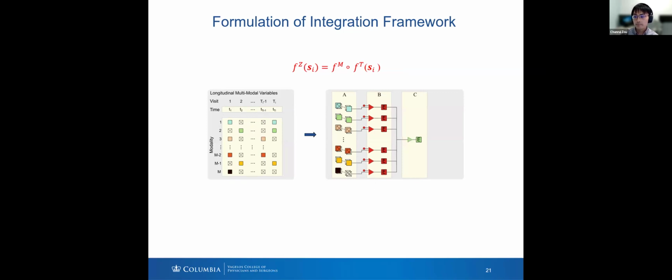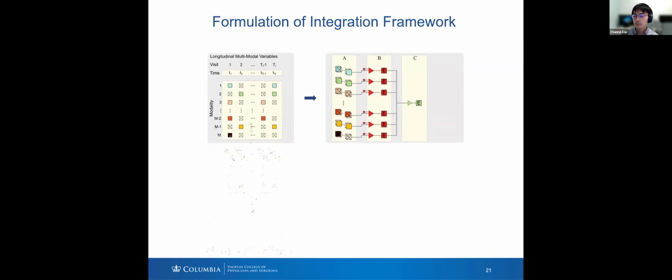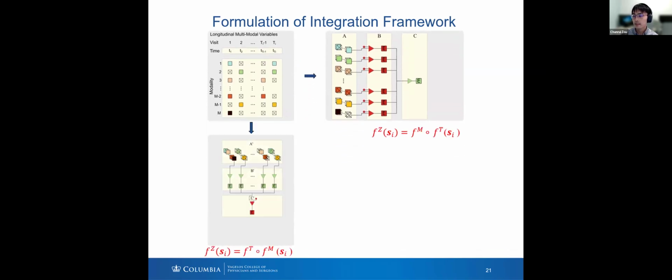So for some reason, most of the relevant studies chose to integrate across modality first. Different integration orders will bring different challenges.